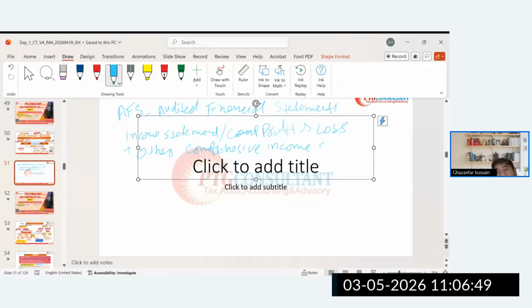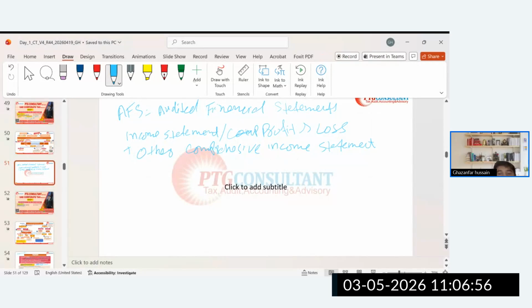This is also important because the return has a particular field that belongs to this. If we do not know the concept of other comprehensive income, we are unable to respond to the corporate tax return filing.